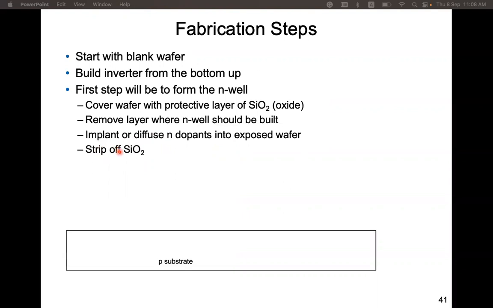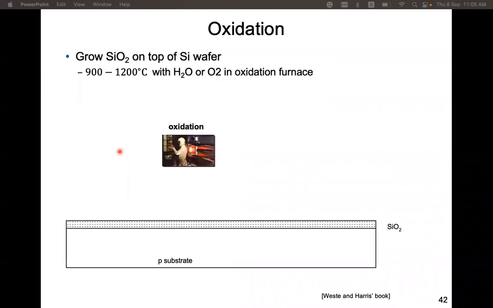Now let's go through it. First is to form a protective oxide layer over the entire wafer. This is the oxidation process. This is performed by growing a layer on top of the silicon wafer in a furnace at high temperature, using oxygen or water vapor.